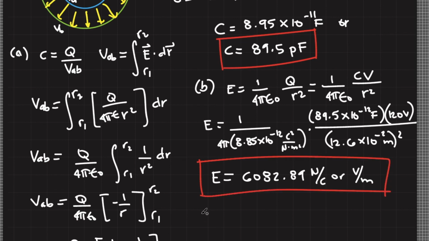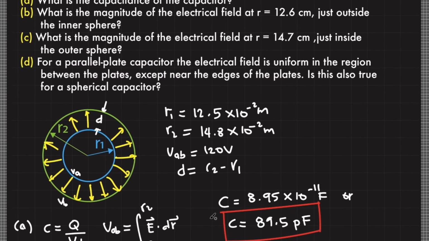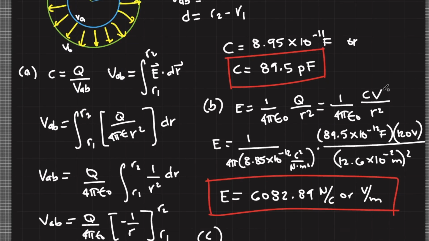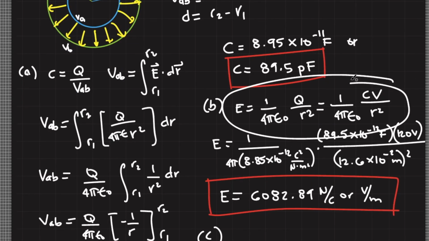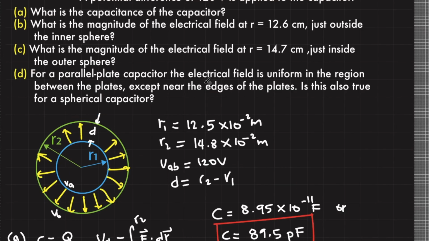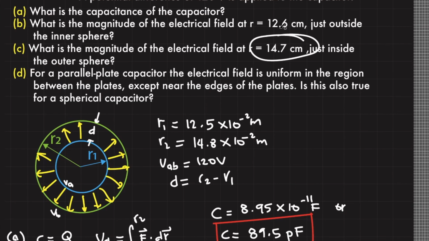Now for part C, what is the magnitude of the electric field at r equals 14.7 centimeters, just inside the outer sphere? Again, if I try to draw an imaginary Gaussian surface here, I'll end up with this same equation, but with a different value for r, and that r is 14.7 centimeters.